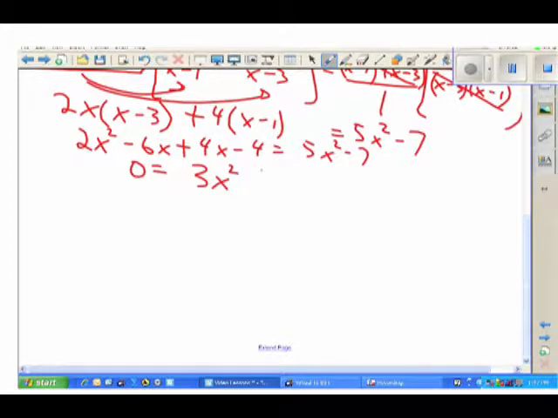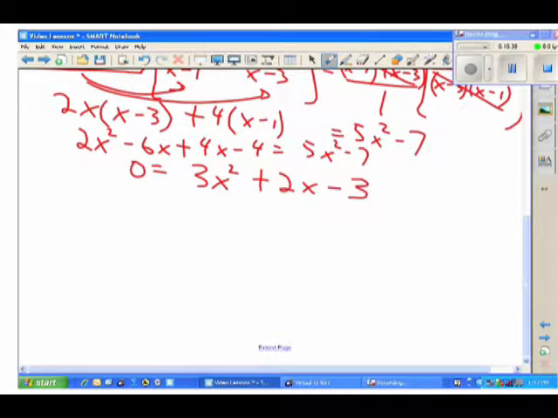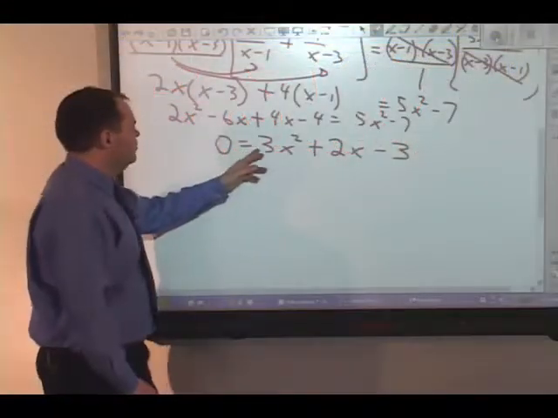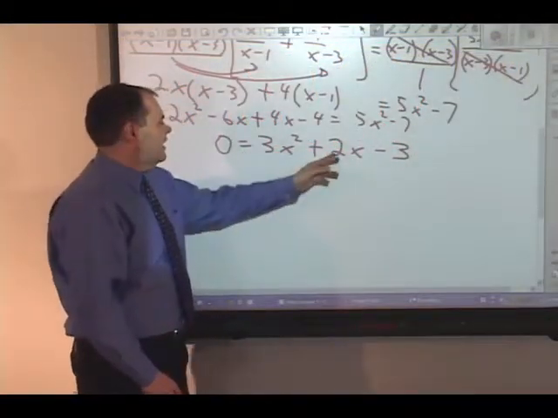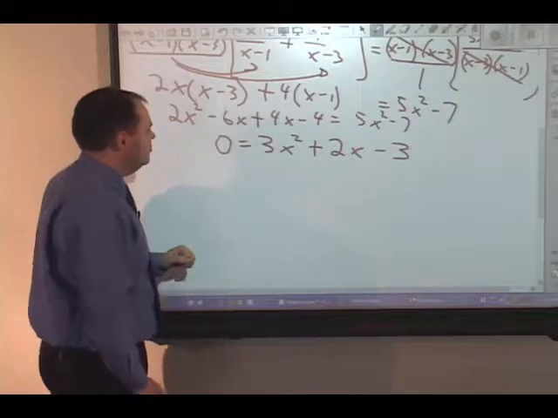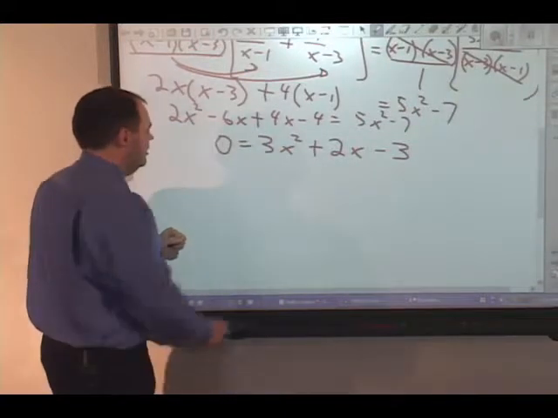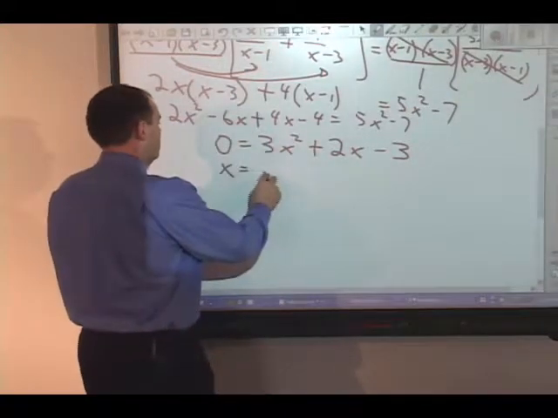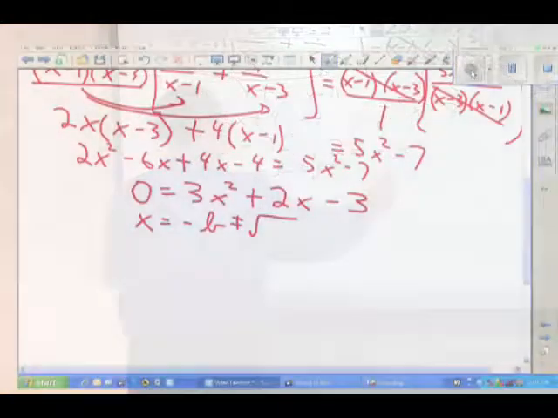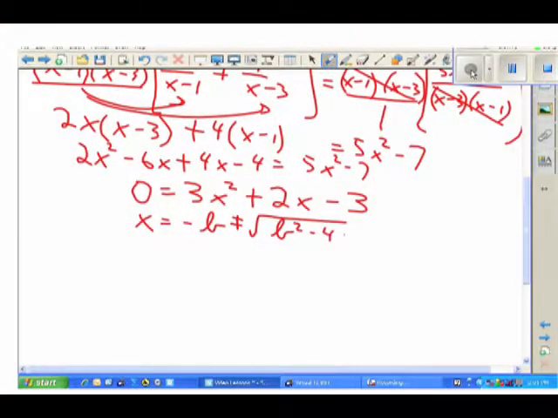Now having my quadratic equation equal to 0, I'll look and see if I can factor it. Are there two numbers that multiply to negative 9 and the same numbers that add or subtract to 2? There are not. So we will need to use the quadratic formula to solve this equation.